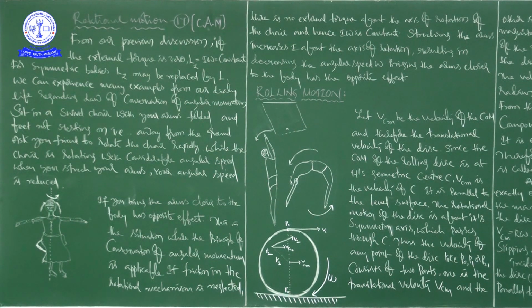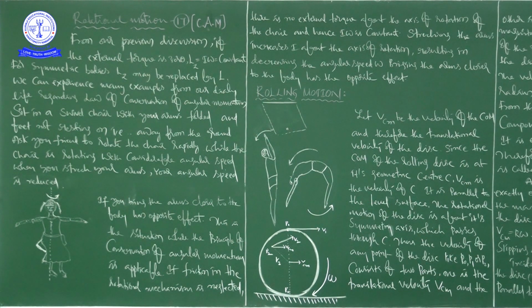Here the point is, just by sitting in a rotatable chair, by stretching her hands and closing her hands, she can decrease and increase the angular speed. By stretching her hands, the angular speed will be reduced. By closing the hands, the angular speed will be increased.